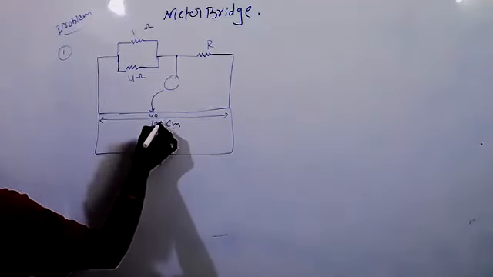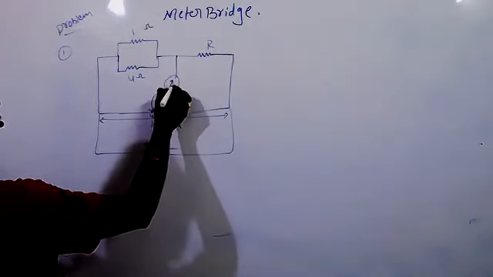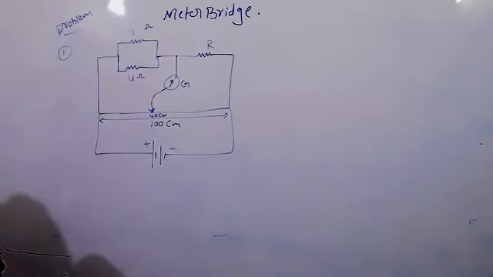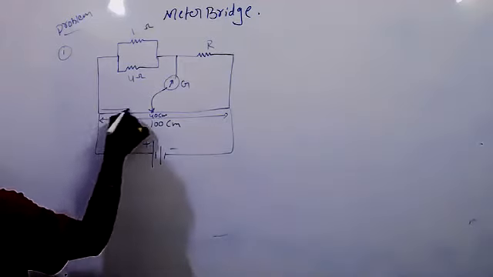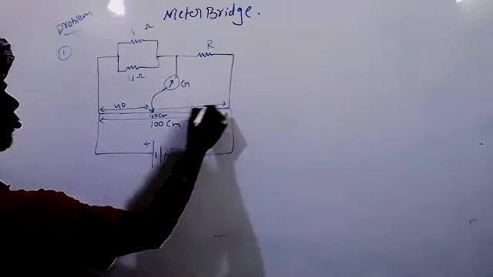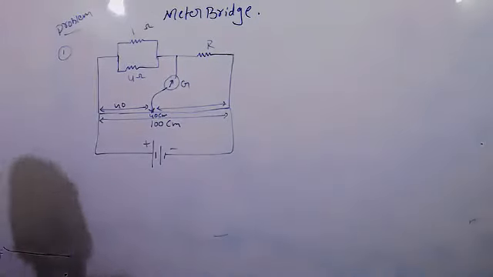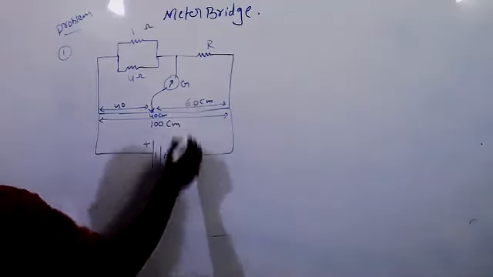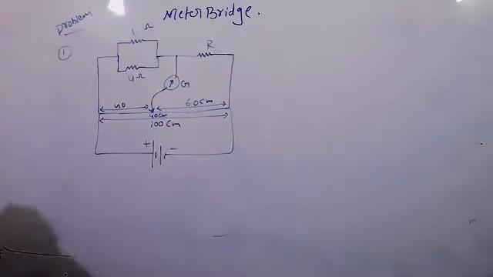This jockey, they have given 40 centimeters, meaning they have given the null point at 40 centimeters. From here to here is 40. The remaining length is 60. That's what you have to remember: when they give 40, they have given the null point at 40 centimeters.